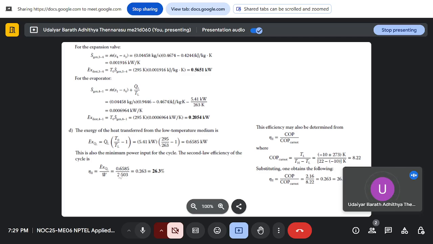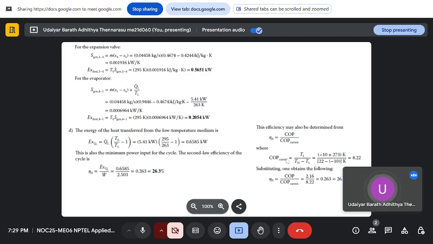Or we can straight away write 1 minus summation of exergy destroyed divided by the work done. That will also give us the same value. Or else we can use COP divided by COP of Carnot. So COP of Carnot will be TL by TH minus TL, where TL is minus 10 and TH is 22.